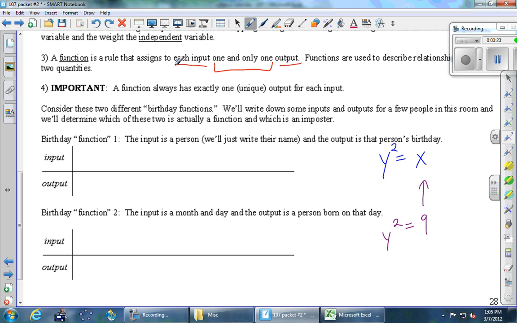Aren't there 2 different answers to the bottom equation? So the input here was 9, and the output was either 3 or -3. Is that a function? It's not. That breaks the fundamental rule. Each input is supposed to have one and only one output. If I say I'm inputting 9, and somebody says 3 and somebody else says -3 and they're both right, it means we're not looking at a function.